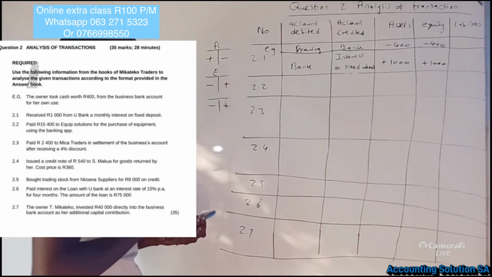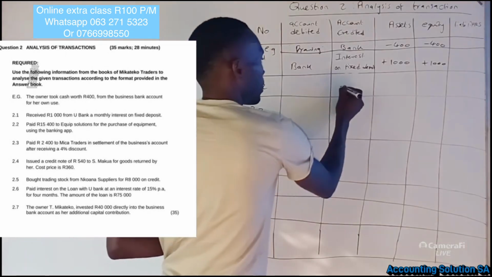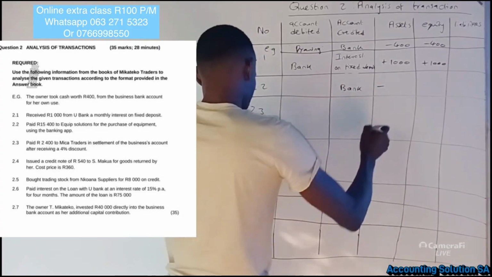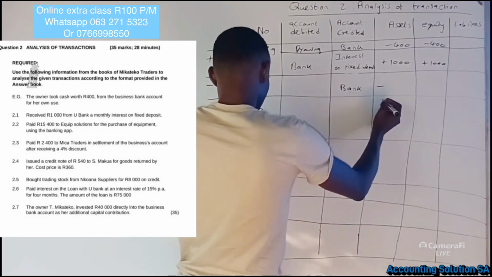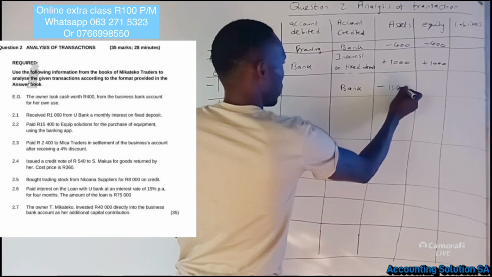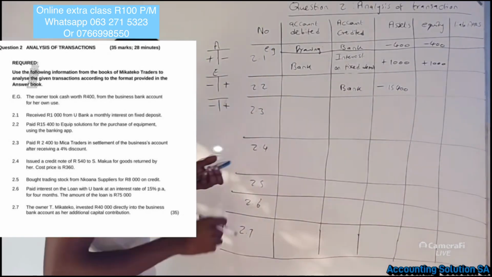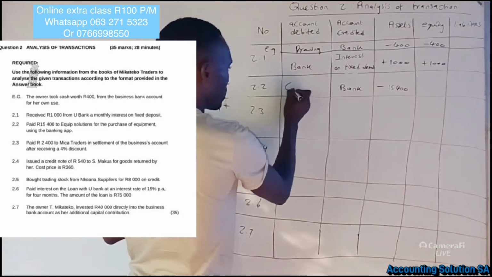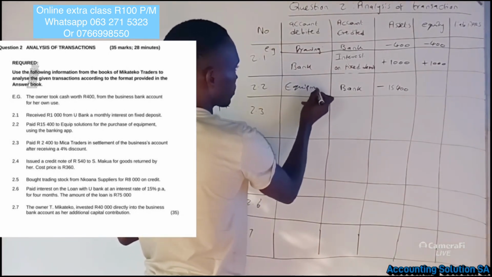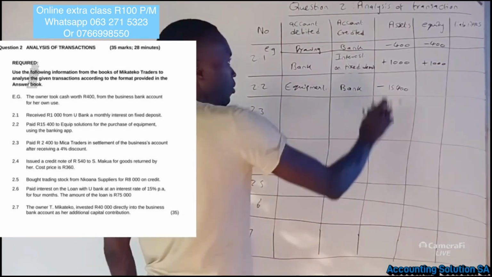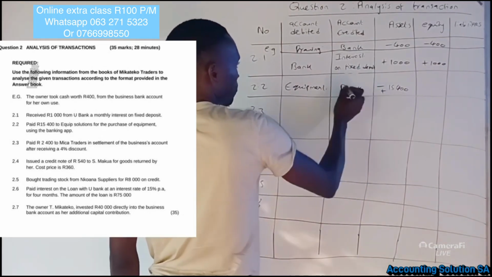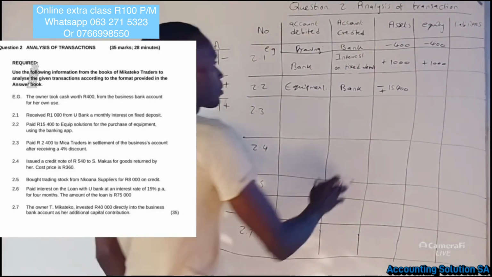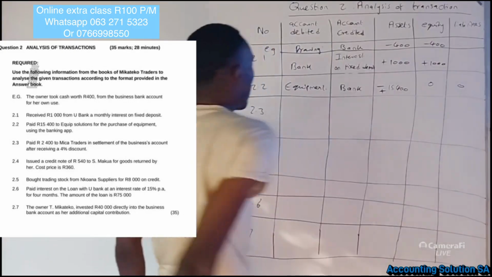The money goes out, assets decrease, which means that bank is now going to be a minus because we paid 15,400. We purchased equipment. Obviously, equipment is an asset and is going to increase, which means that under assets, because equipment is an asset as well, we're going to have another plus. It's a plus and a minus on the same account, and the other two are not affected.